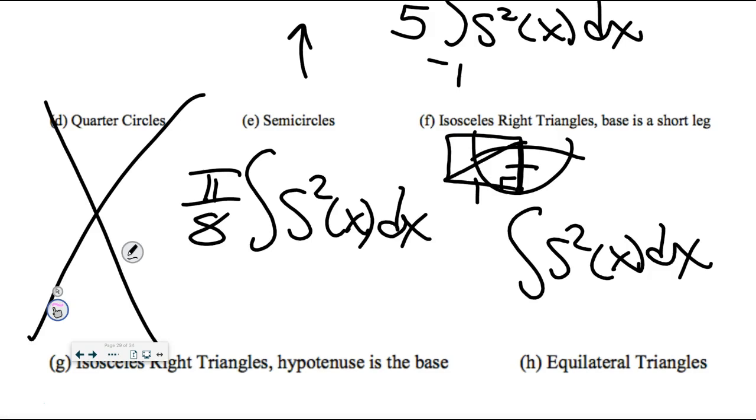Here's my isosceles triangle with a leg across the base. Just putting that S squared gives me the square. What needs to be put in front of it?